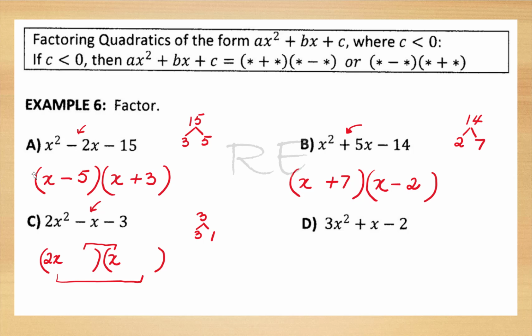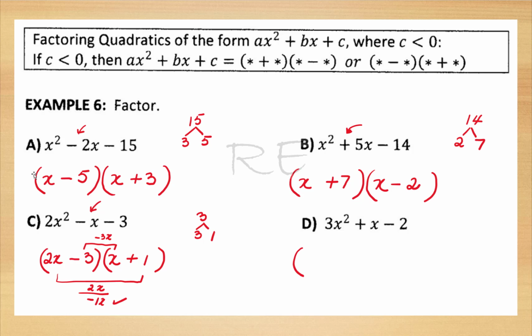So we're going to put a 3 associated with x. It's going to be negative, and a positive 1 associated with 2x. And negative 3x plus 2x is equal to negative 1x. Checked.